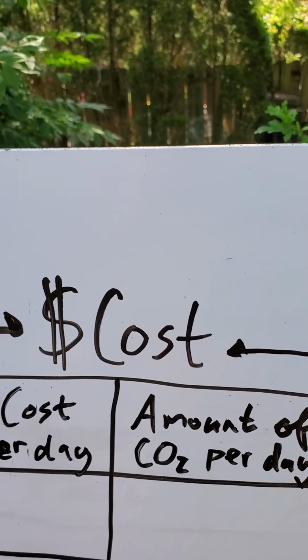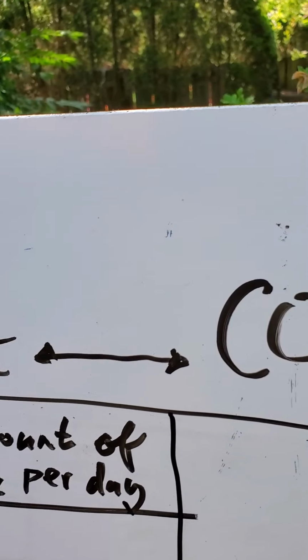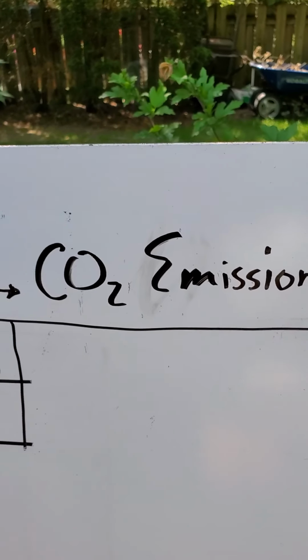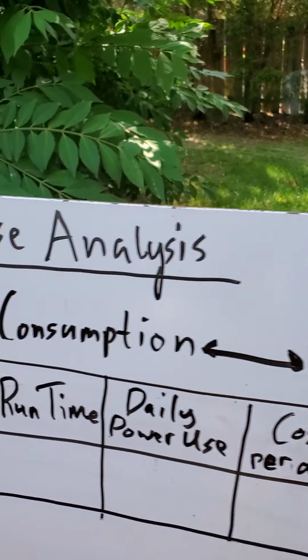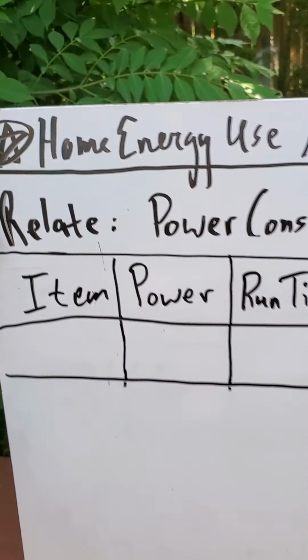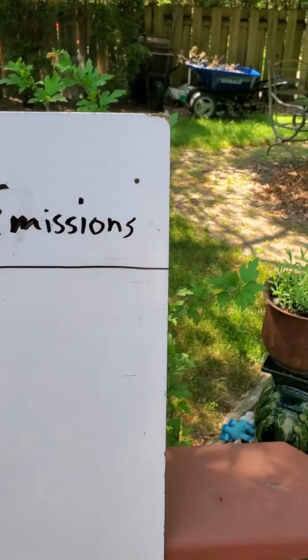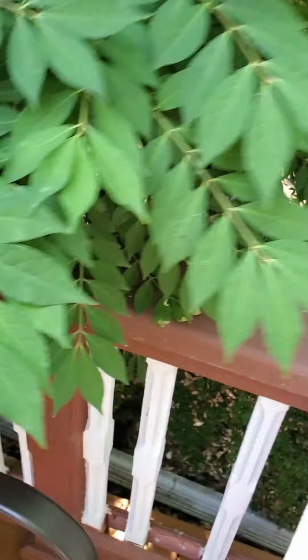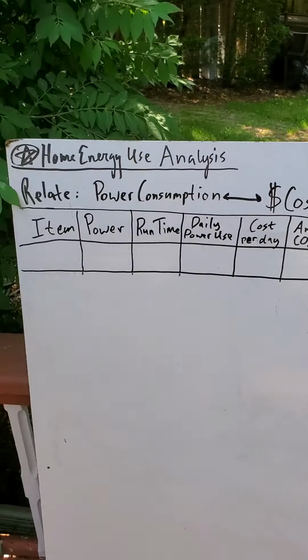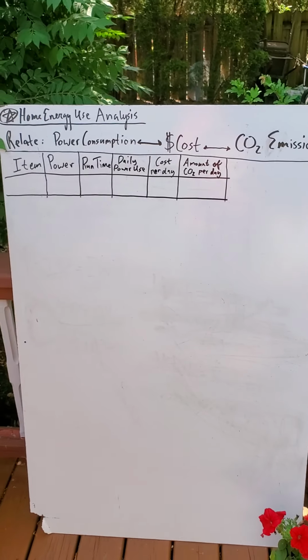What is the cost associated with consuming that power? And what are the CO2 emissions related to using that power? So we're going to connect these three ideas here, and I've created this little chart to help us keep track of some numbers.